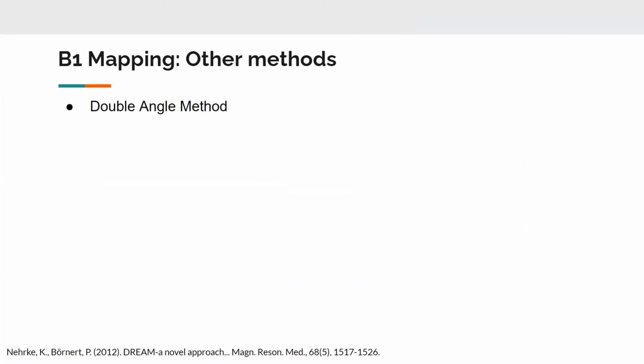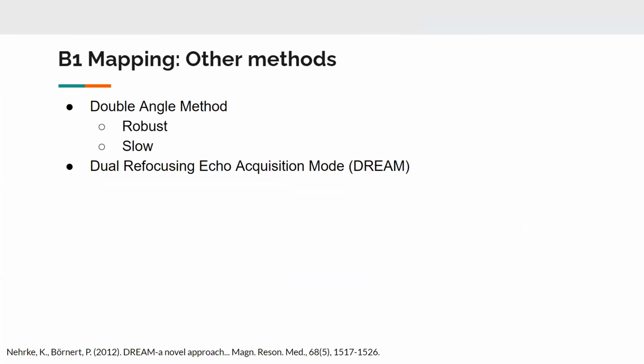We know there's a double angle method, and this one is pretty robust, but it is a little bit slower than some of the newer methods. There's also this dual refocusing echo acquisition mode, shorthand DREAM, that is really useful for multi-slice, like brain imaging.